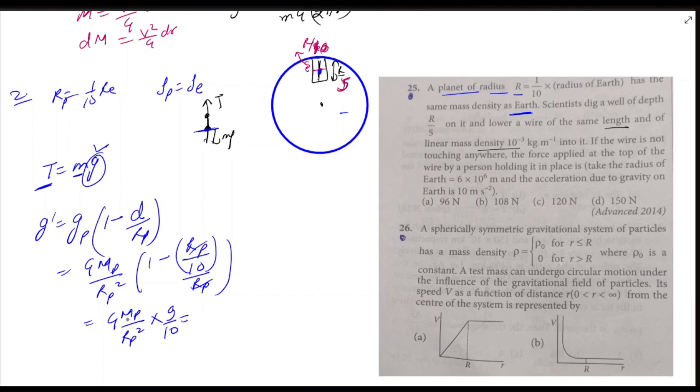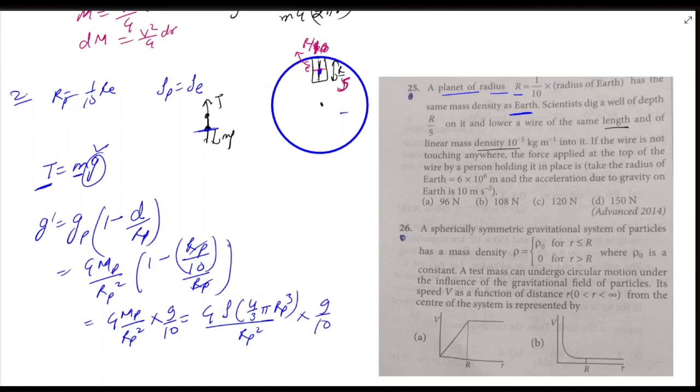Now we have to write mp. We'll write mp as density into volume. Volume will be 4 by 3 pi rp cube, divided by rp square into 9 by 10.